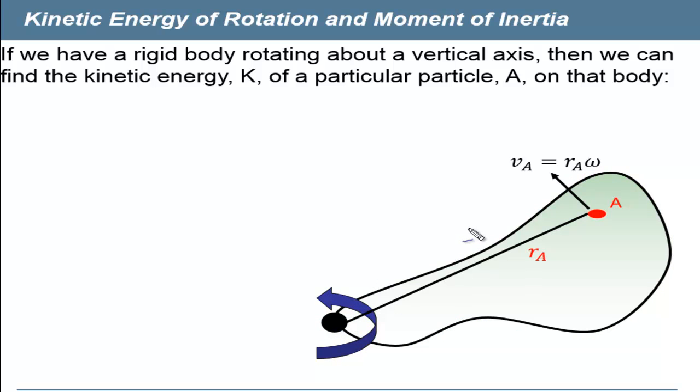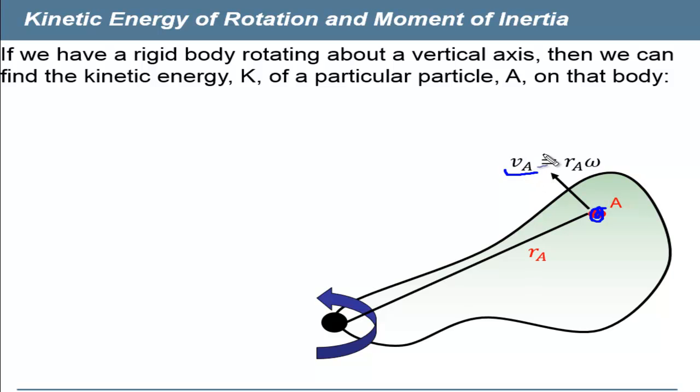Now, if I wanted to consider the kinetic energy of just one particle on this, just this point A, I would say, well, kinetic energy is 1/2 mv squared. And v is a linear velocity, right? Remember this from chapter 7 material, that kinetic energy is 1/2 mv squared when that's linear kinetic energy.